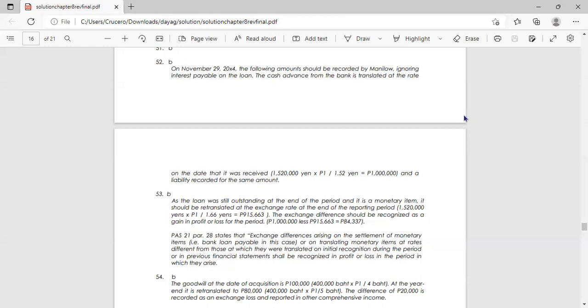The cash advance from the bank is translated at 1,520,000, and we multiply it by 1, but we have the conversion of 1 peso to 1.52 yen.